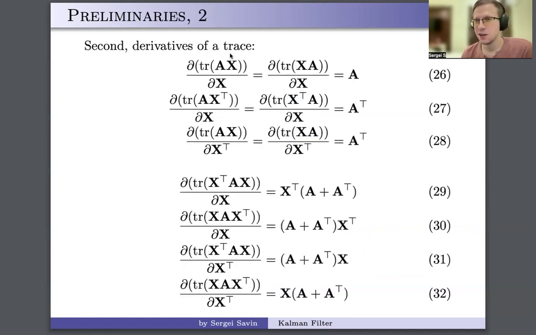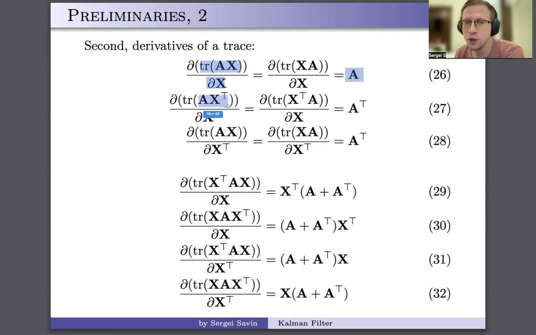Okay, that is one mathematical statement. Another one is complicated. We're not going to spend time on this, but basically, you can take derivatives of the trace. So if you have a trace of a matrix times like A times X, you can take derivative with respect to X, and it's going to be A. Remember, we are talking derivative of the trace.